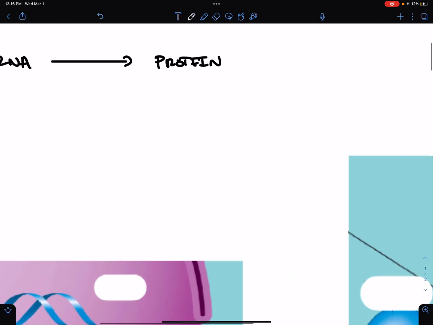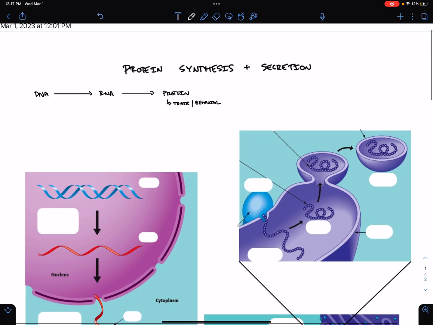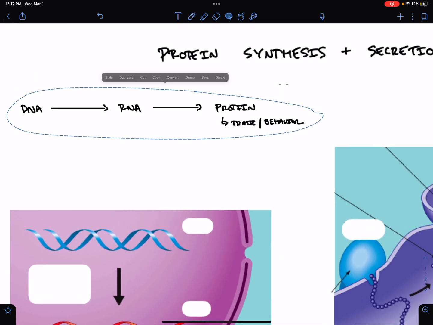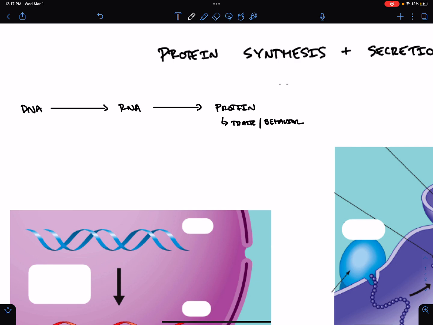Proteins are like the action organic molecules in your cells. They lead to your traits and behaviors. So this is all part of protein synthesis, DNA to RNA to protein. This bit.